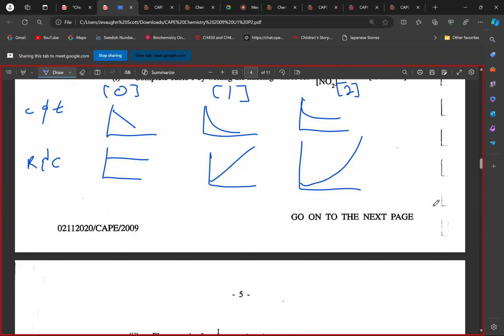Is it taught? This is interesting. Any other assumption as to what the graph would be? I did this in my rates video, but I don't think it's on the syllabus.